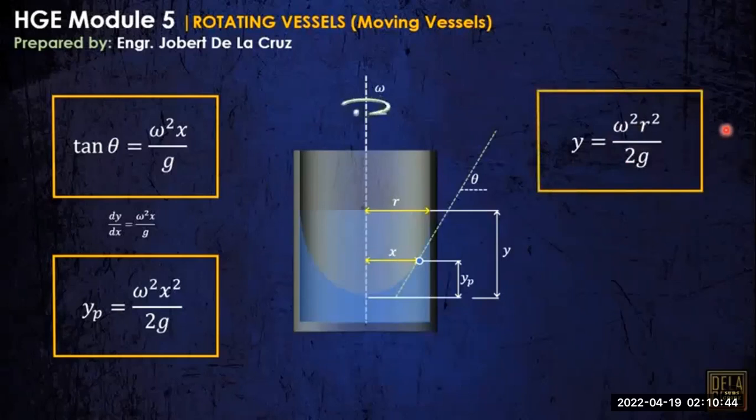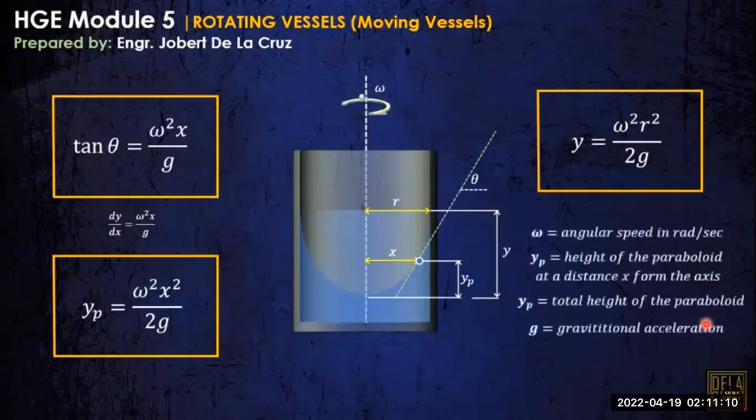Ito talaga yung gusto natin always dyan in analyzing problems like this one. Well, if specific yung problem, ano yung angle theta at any points on the parabola, then we can use this one. Okay? But as what is my experience, talagang y yung kukunin natin, yung maximum height ng ating paraboloid.